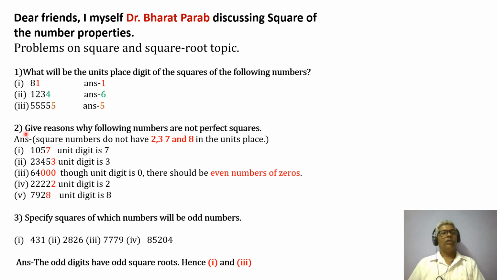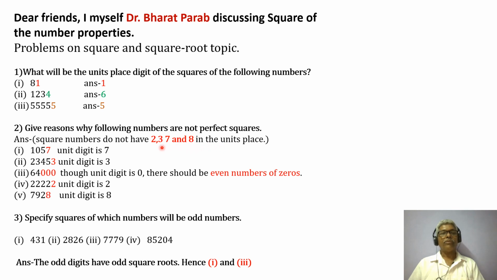Okay, second one: give reasons why the following numbers are not perfect squares. Now he's talking about not perfect squares. See, this is a statement: square numbers do not have 2, 3, 7 and 8 in the unit place, that is the last digit.